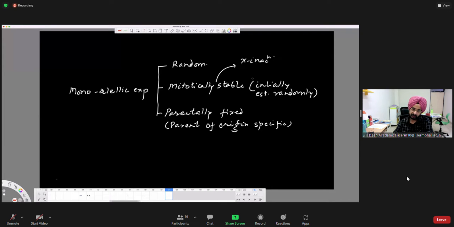And then we have parentally fixed monoallelic expression, where the choice of whether the maternal allele or the paternal allele is expressed is parentally fixed. This is your imprinted gene expression, genomic imprinting. Don't confuse it, that's why I use the word genomic imprinting, because there is imprinting in ecology also.